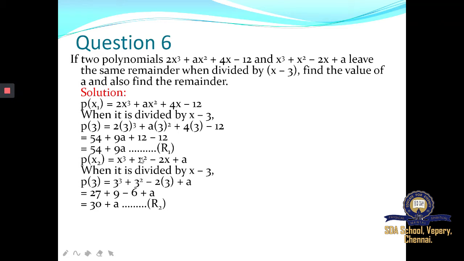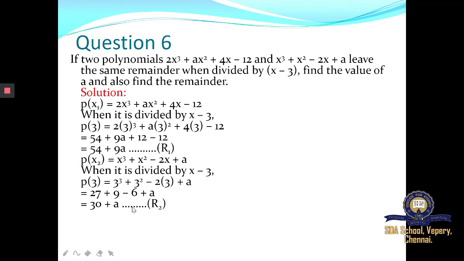A is unknown to me. Got it? And then I have to merely open up the powers. 3 power 3 is 27, 3 square is 9, and then 2 into 3 is 6, and then plus a as it is. Then after simplifying, I get 30 plus a. Now let me mark this as equation 2 or R2, however it is.